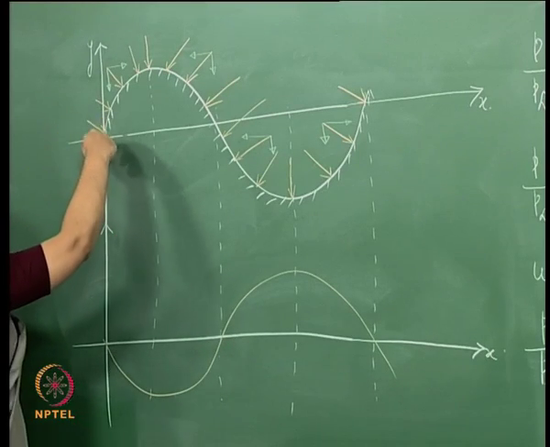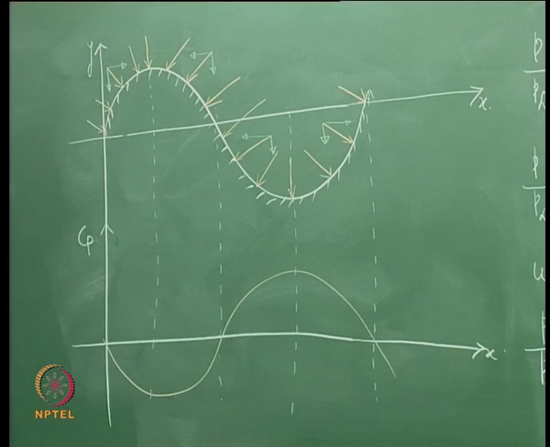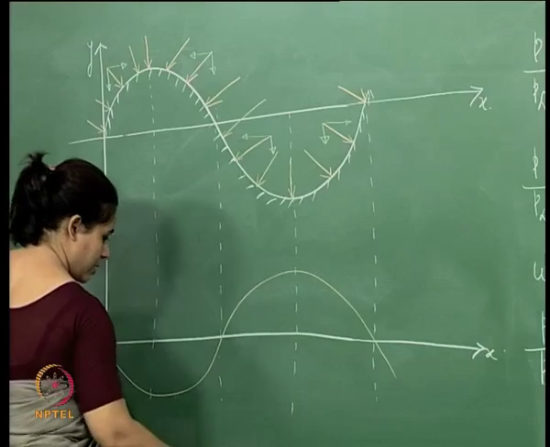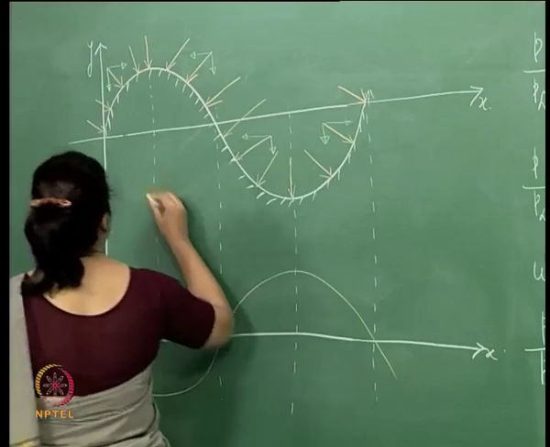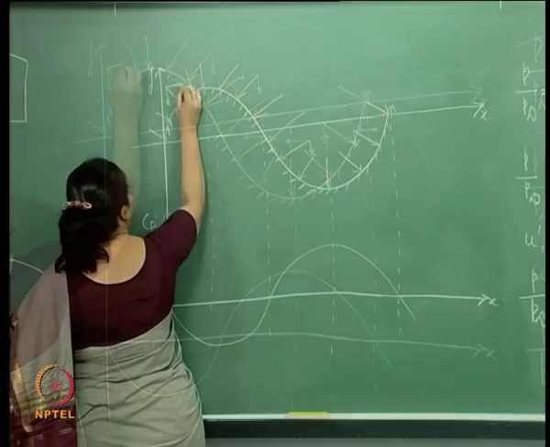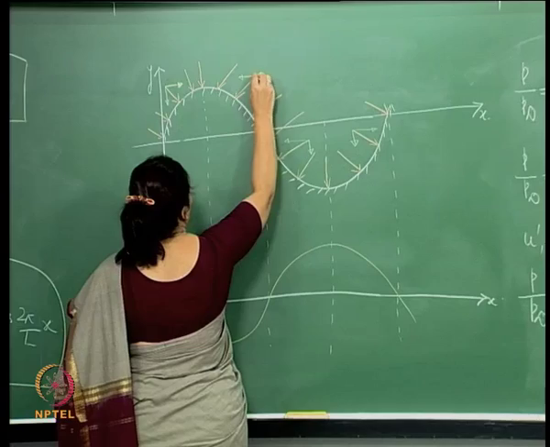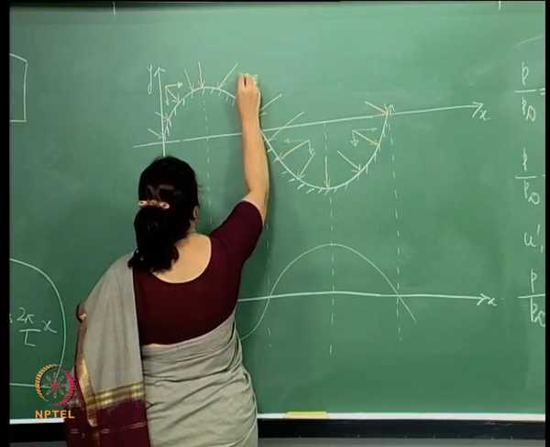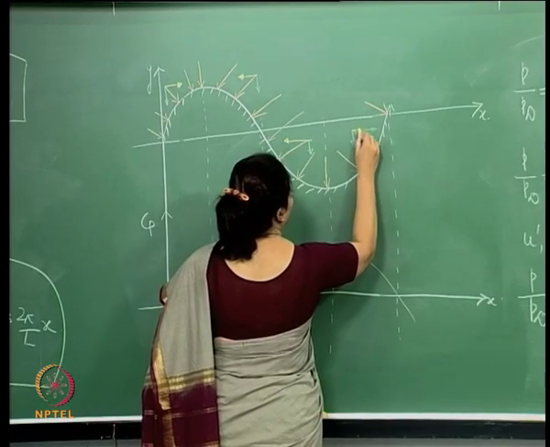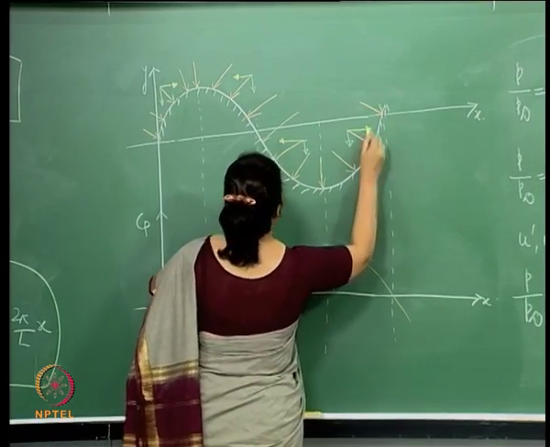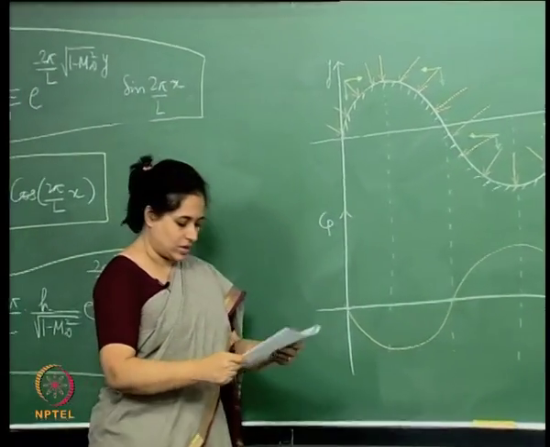If you do that for all the pressure vectors, for the entire pressure diagram on this wall, what will we see? Do you see that the horizontal components cancel each other out, right.